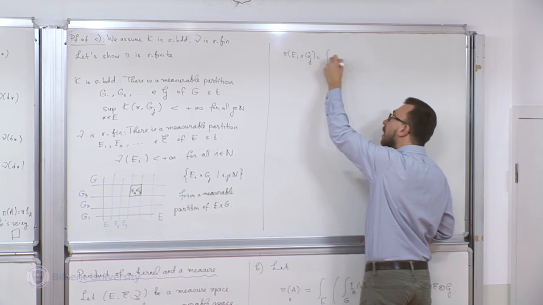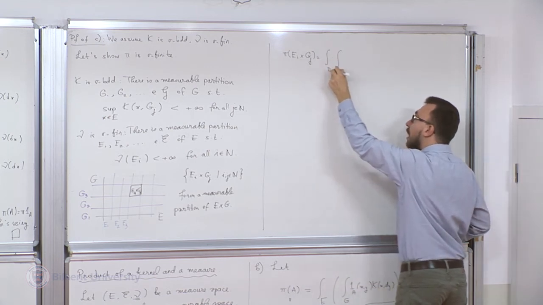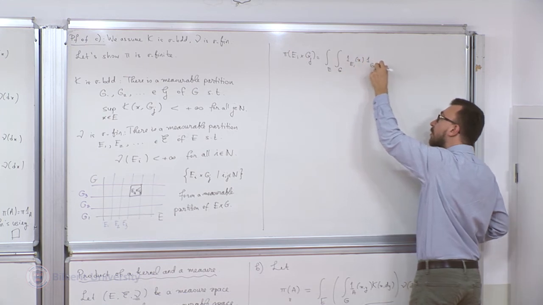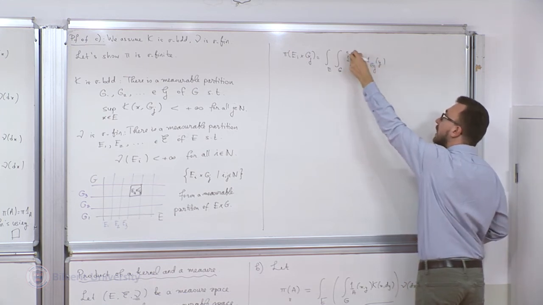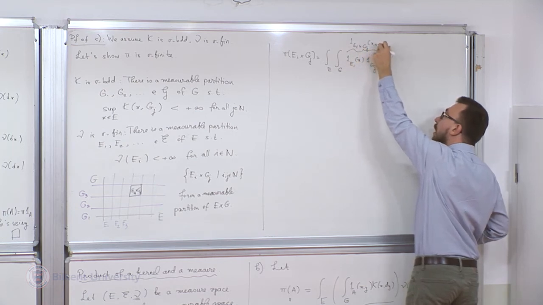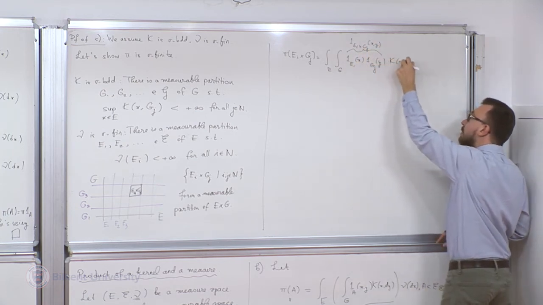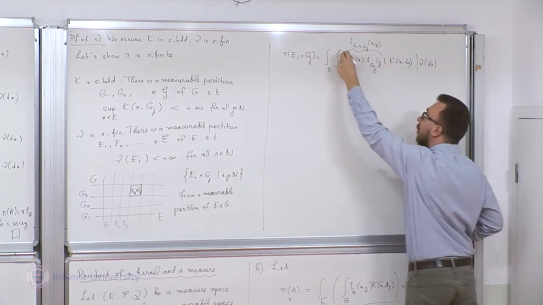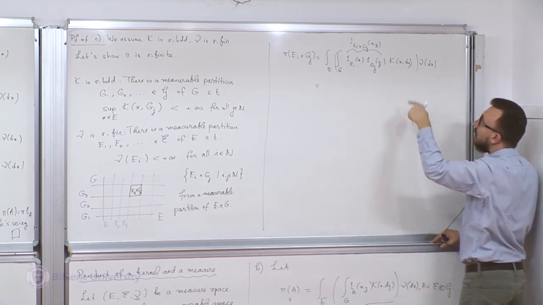What is that? Well, it is the integral of indicator of Ei of x, indicator of Gj of y. This is the indicator of Ei cross Gj, right? So integrate this with respect to K, integrate it with respect to nu. So now what is that?